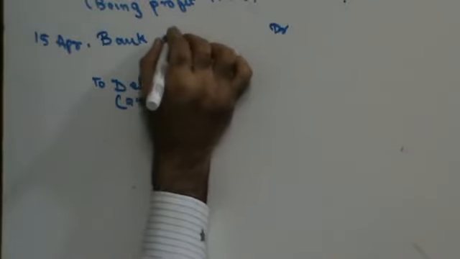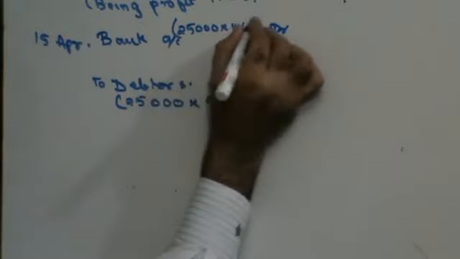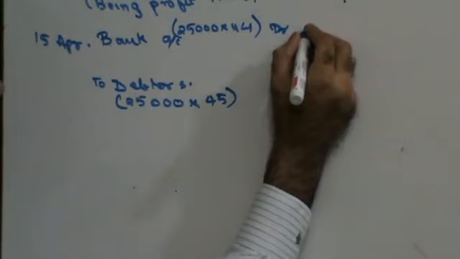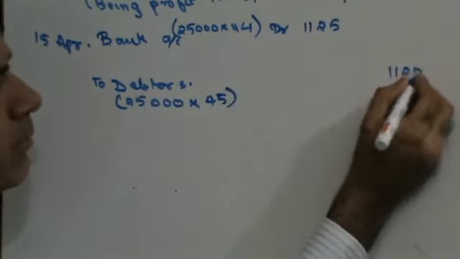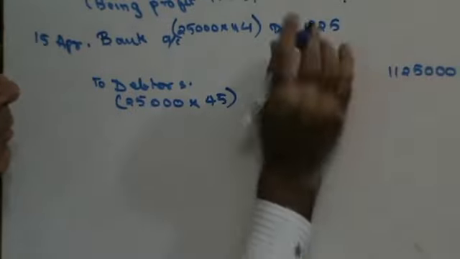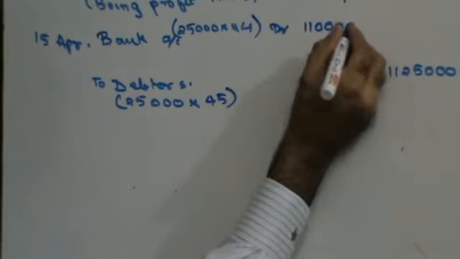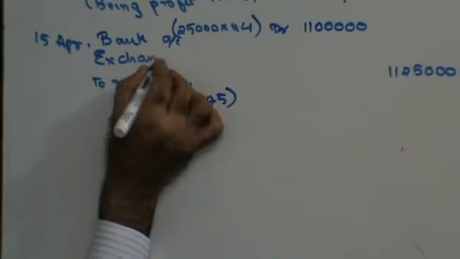And on the date of payment, the rate was 44. Someone tell me how much is this? 11,25,000. No, that one, 11,20,000 and that is 11 lakhs. The difference is going to be called exchange difference.